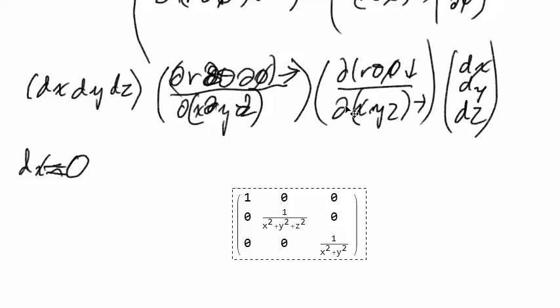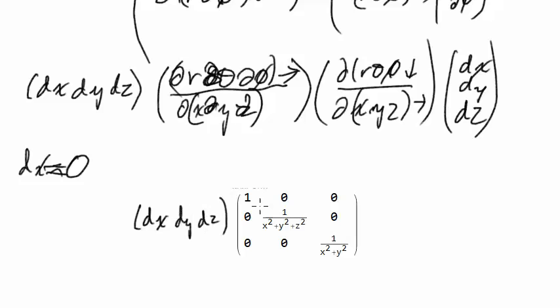Because these two Jacobians, when we multiplied those together, we'd end up with dx, dy, dz, and dx, dy, dz.